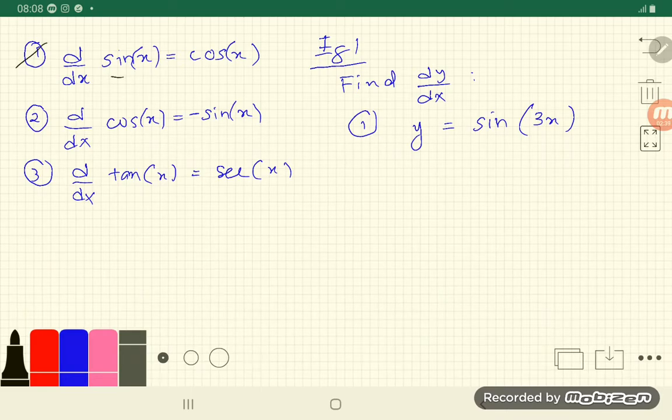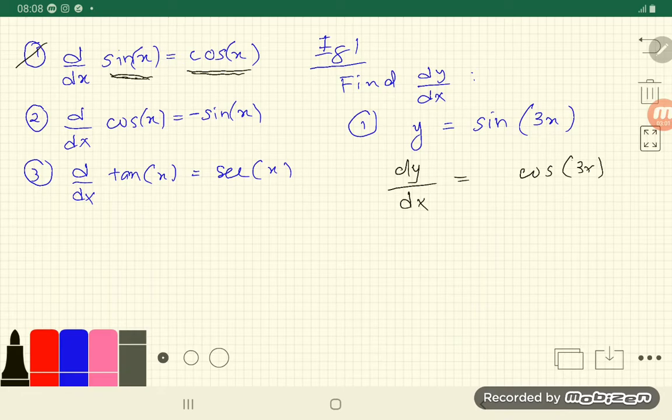If we differentiate sine x, our output should be cos x. So sine 3x should be cos 3x.